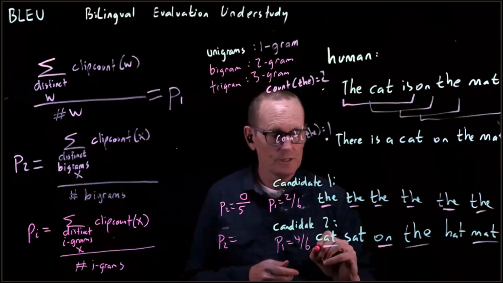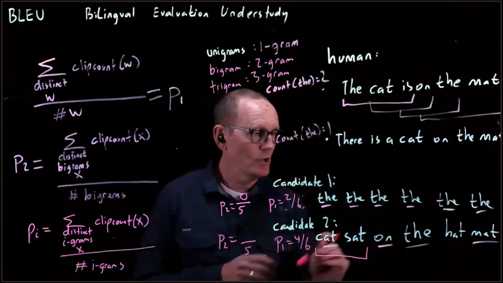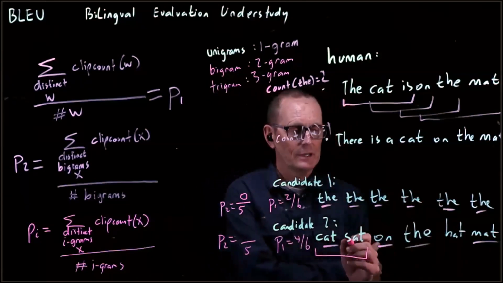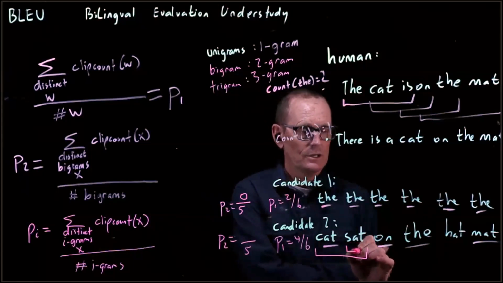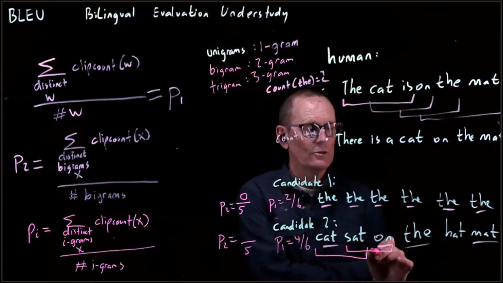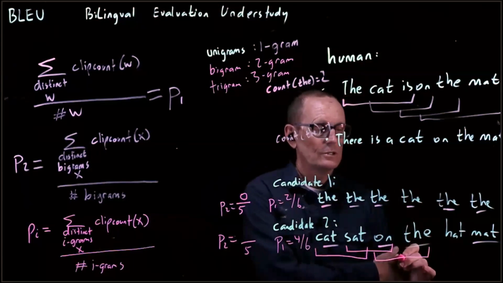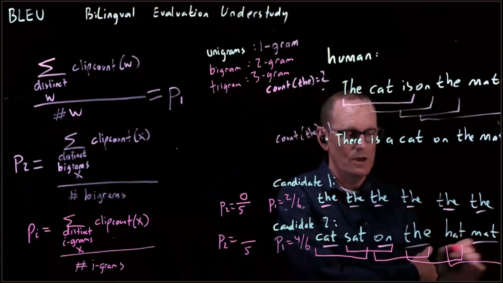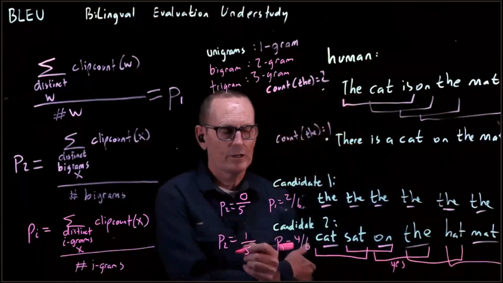P2 equals, again, we have 5 of them, right? Because we happen to choose 2 sentences that had the same length. So, cat sat. Does that exist? No, right? Sat on. No. On the? Yes. The hat? No. Hat mat? No. So this one is a yes. So we've got 1 out of 5 here.